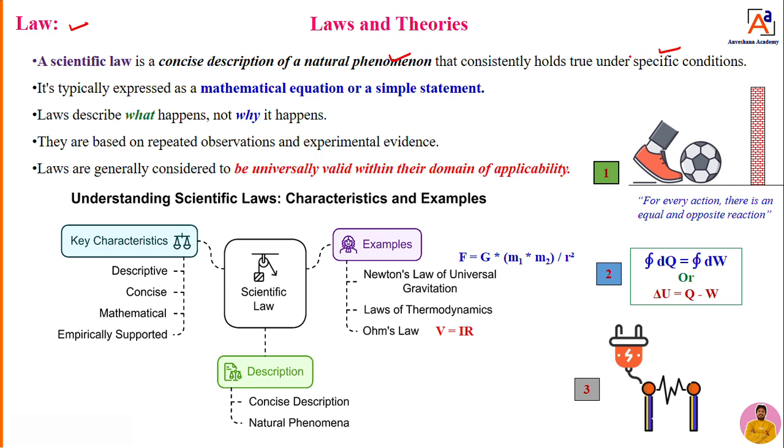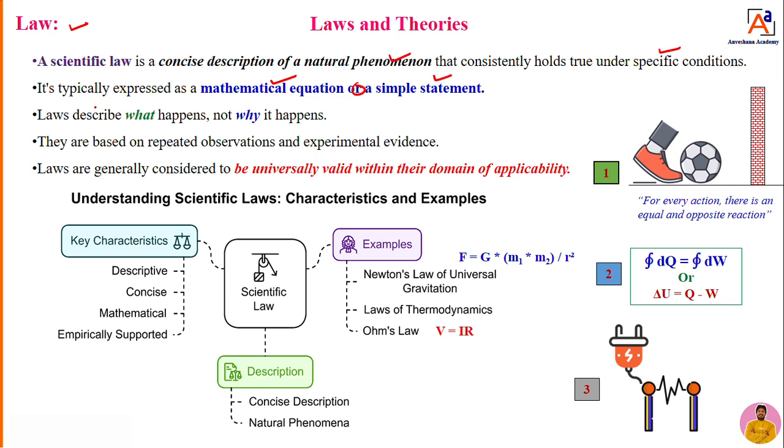That is known as a law or scientific law. It is typically expressed in terms of a mathematical equation or a simple statement. So the law can be expressed in a mathematical equation, and they are concise and simple statements.